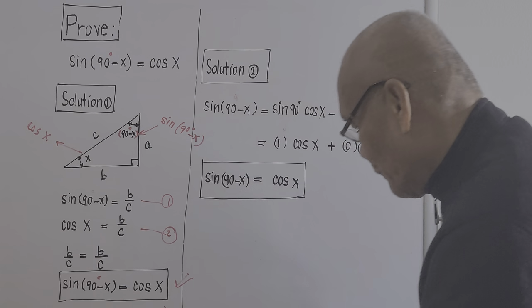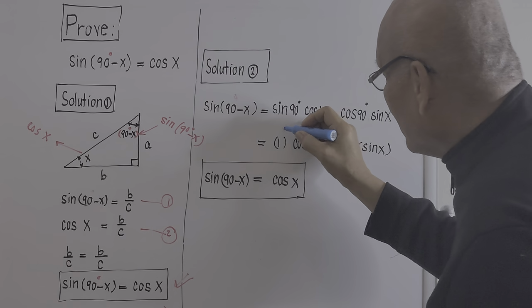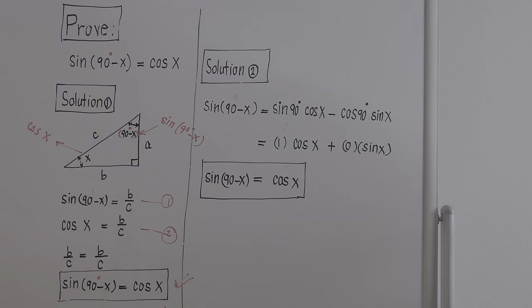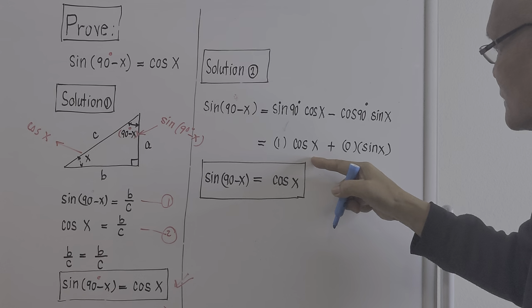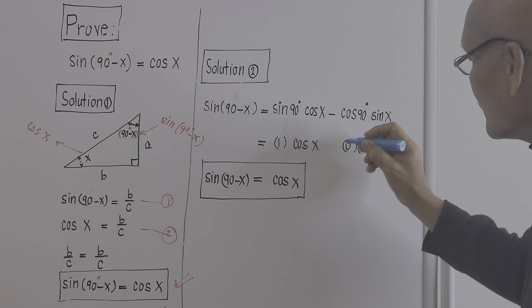Sine of 90 degrees is 1, times cosine of x, so this is cosine of x. This is minus.